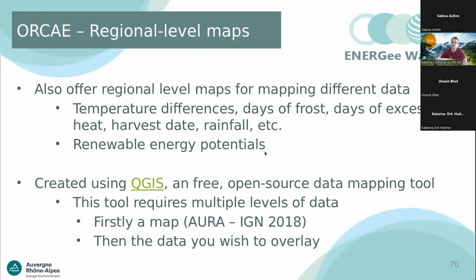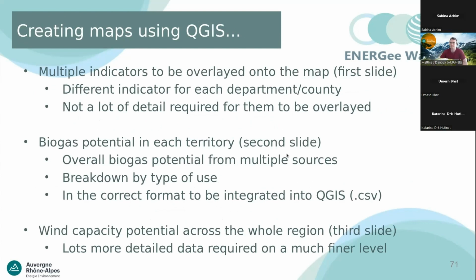Of course, they want to know what the potential is in their territory. So when we use GIS tools, we want to be able to have multiple indicators. Each indicator will have a specific layer, and we want to be able to gather them at some geographical level, for example, a department or county.